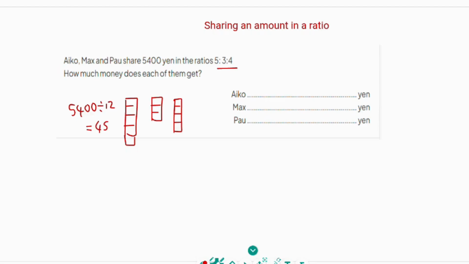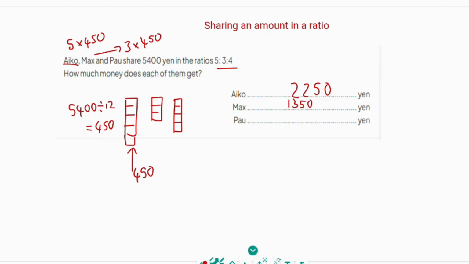So each box represents 450 here. So for Ico, we've got 5 boxes. 5 times 450, 2,250 yen. For Max, 3 times 450, 1,350.